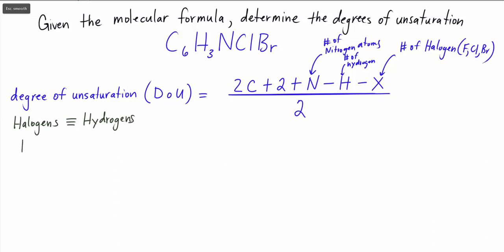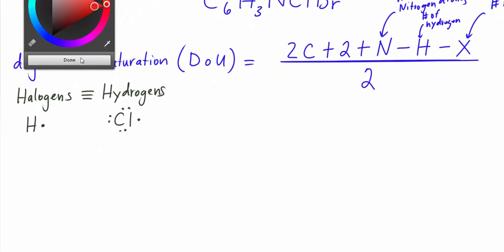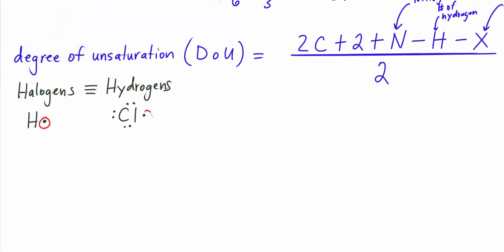You know that hydrogen can form one bond with carbon, and you know that your halogens can form one bond with carbon. So essentially they are equivalent.